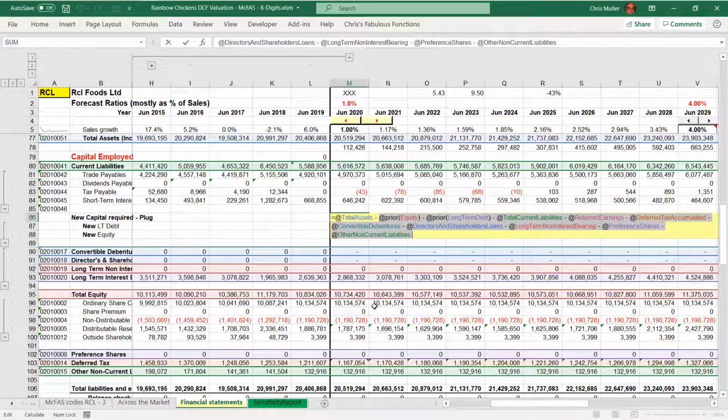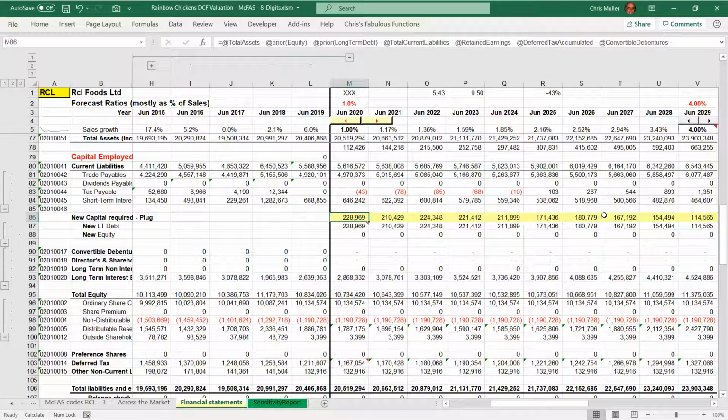I've missed one. 1, 2, 3, 4. Sorry, it is right. It's 9 sources that we must subtract from total assets, and don't count the retained earnings because retained earnings is not on the balance sheet. That's how much we need, and it's the same formula all the way across. Same formula.